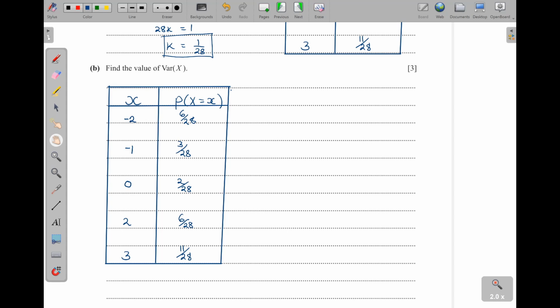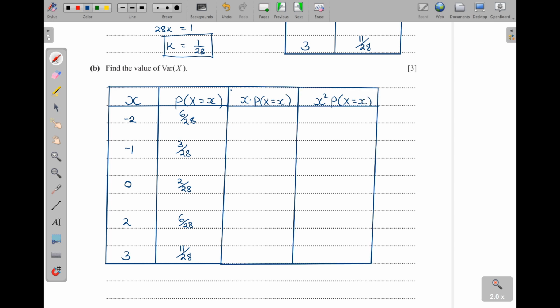Then I can add on the columns for x times the probability of x equal to x, because this one will give me the expectation, E(X). And then I will have x squared times the probability. Now we can multiply this times that, this times that, and so on.